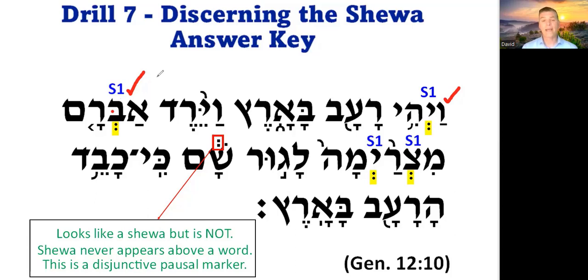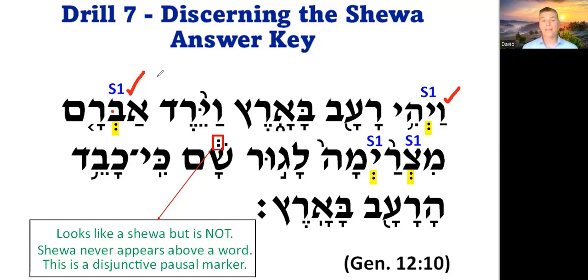Now, in the word Avram, the shva is not vocal, but I'm just giving you an example. If there happened to be a dagesh here, it would be a 3-syllable word, pronounced ab, ba, ram.